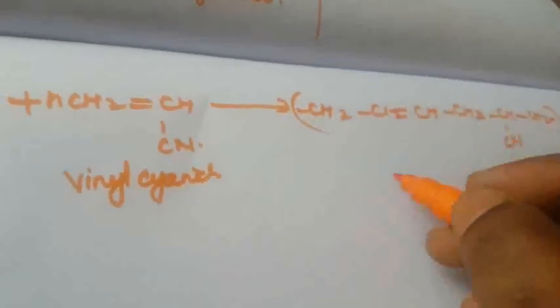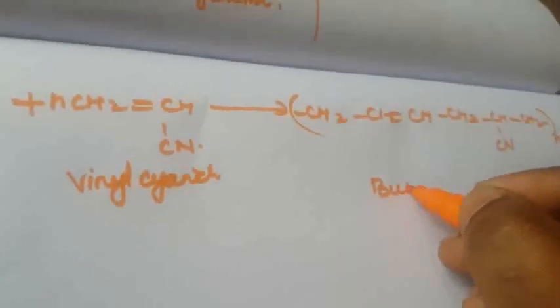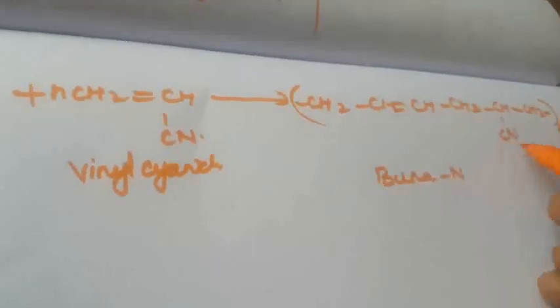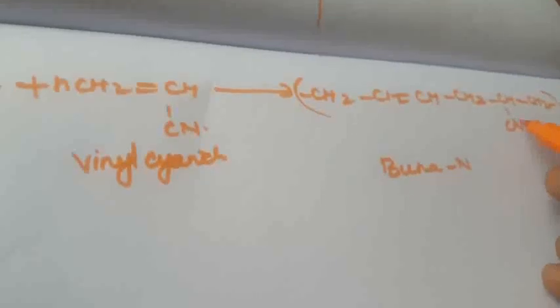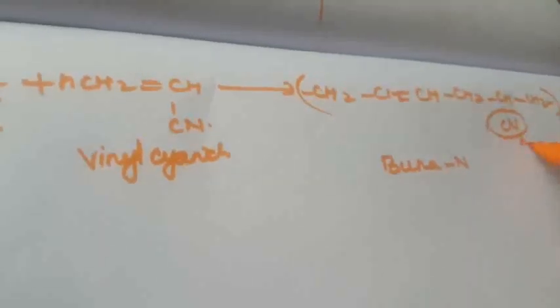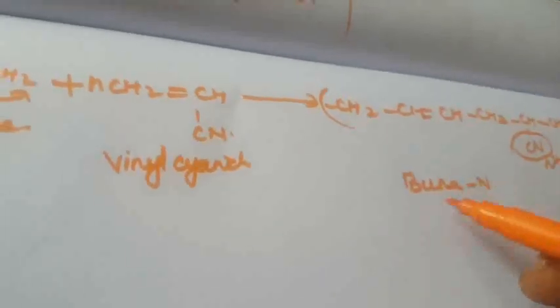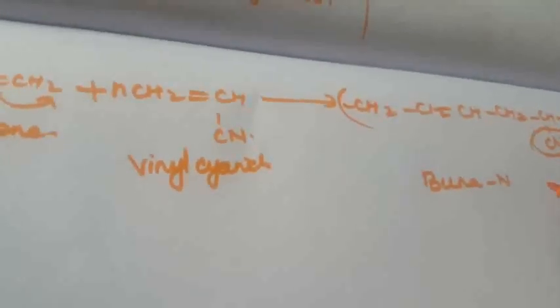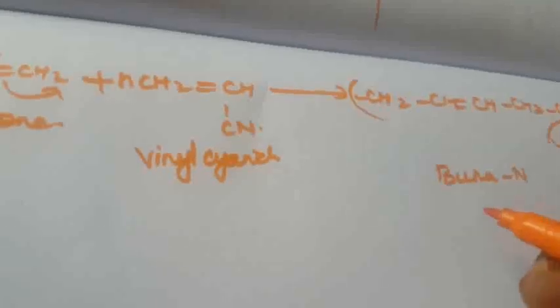What is this compound called? Buna-N, because the nitrile group is present here. Mainly it is used for tank lining, which is another important use.